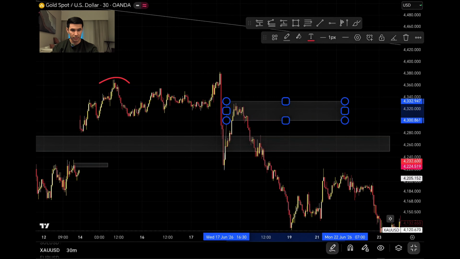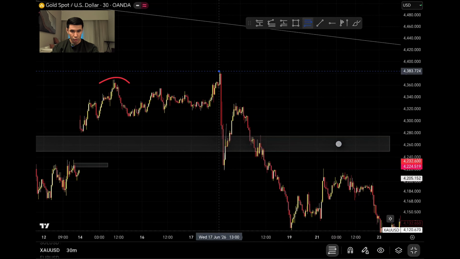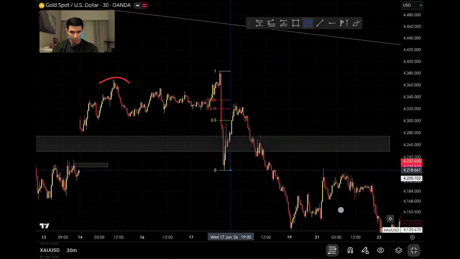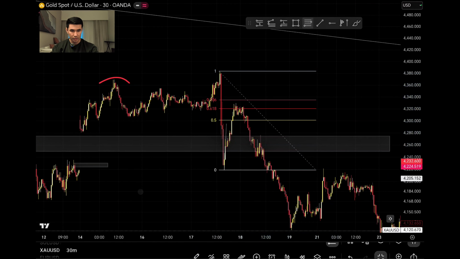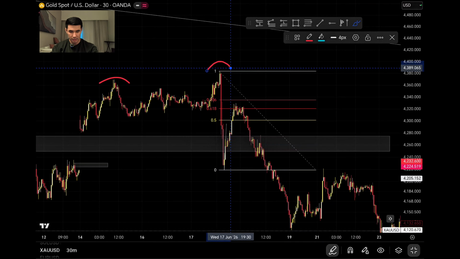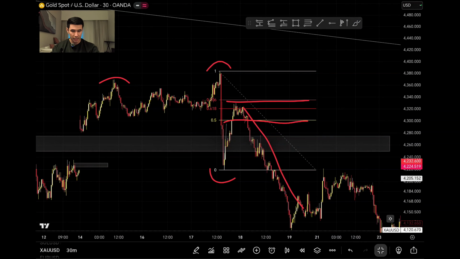This one was a sell, so that's why we put the Fibonacci from top to down for a sell. Like first here, second here, and this is a golden zone area, and it's returning from the golden zone. Easy, guys.